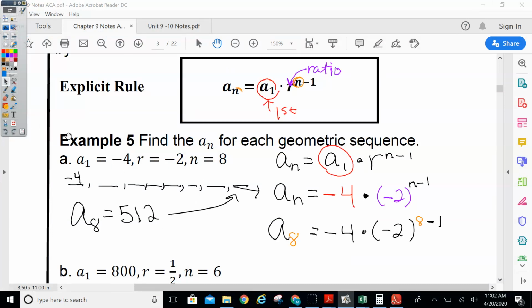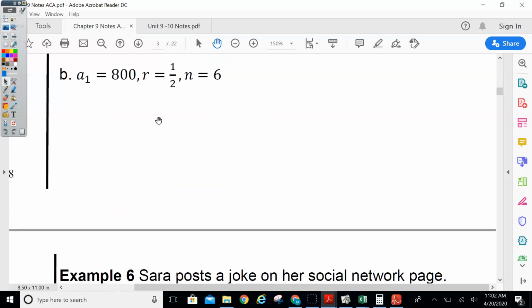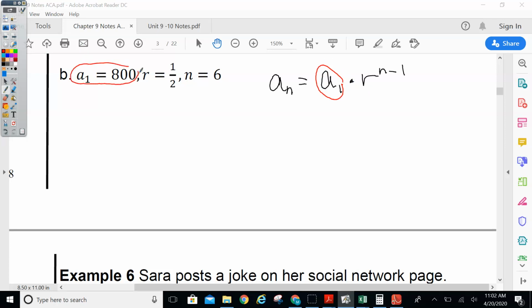All right, and then the bottom one wants the same thing. The bottom one wants a formula, and then it gives us what to plug into the formula. So I'm going to write the formula down first. a sub n equals a sub 1 times r to the n minus 1. So plugging in what it wants, a sub 1, the first term, is 800.